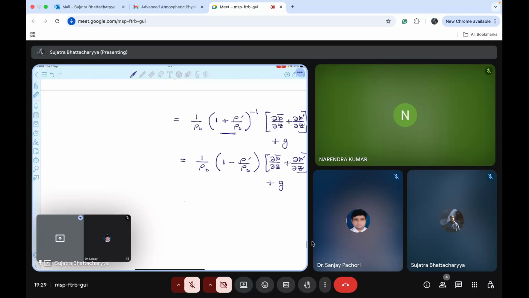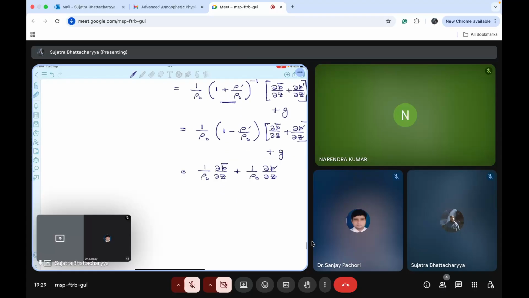All right. So what you get is 1 by rho naught delta p bar by delta z, plus 1 by rho naught delta p dash by delta z, minus rho dash by rho naught delta p bar by delta z, and minus rho dash by, sorry, this is rho naught square, delta p dash by delta z.